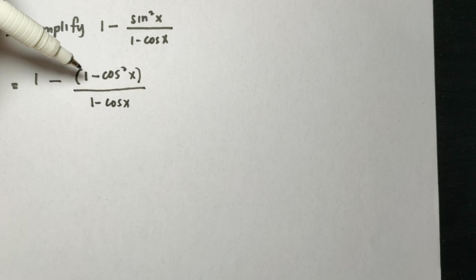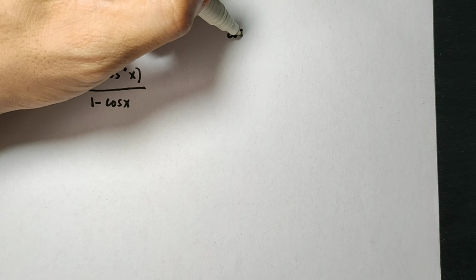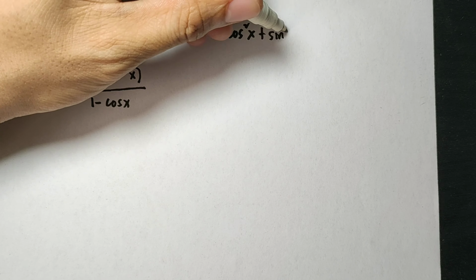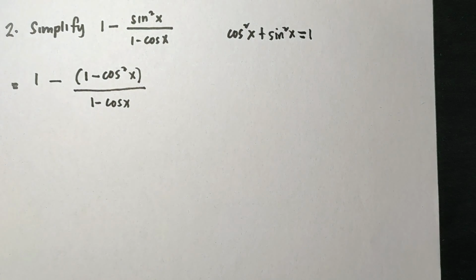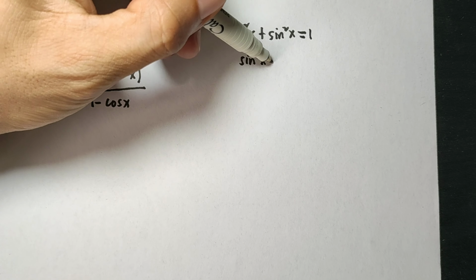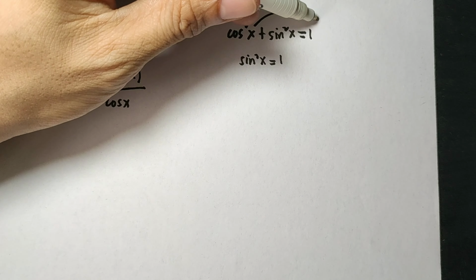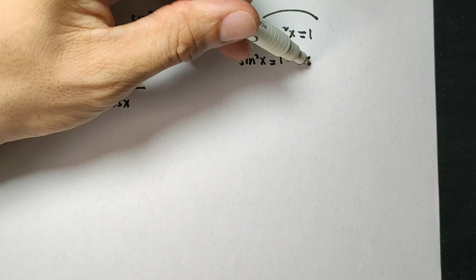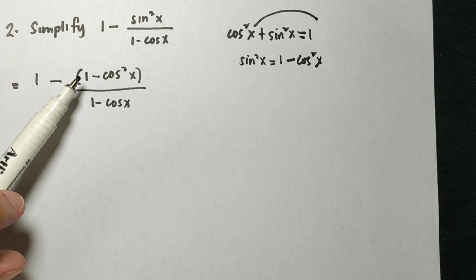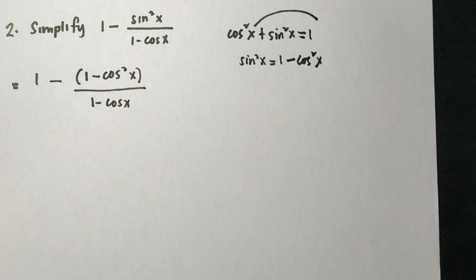And how did sine square x become 1 minus cosine square x? It is because from the Pythagorean identity, cosine square x plus sine square x equals 1, then solving for sine square x, that will become sine square x equal to 1 minus cosine square x, and that is why we have the value for sine square x, which is 1 minus cosine square x.